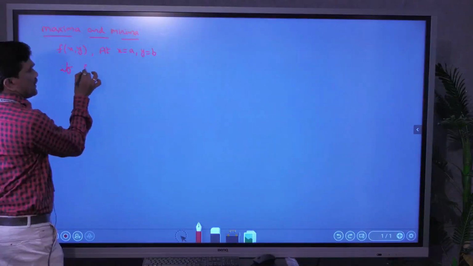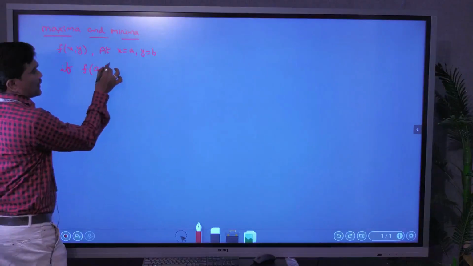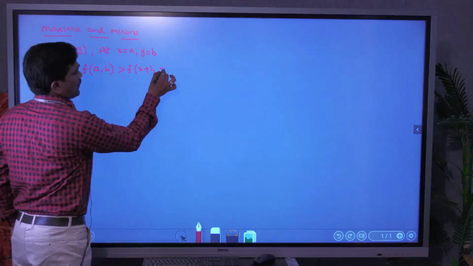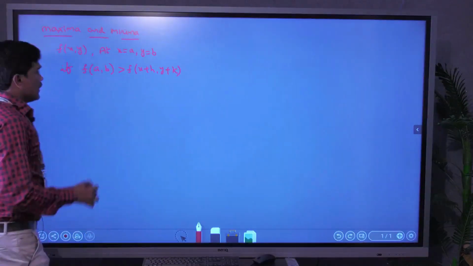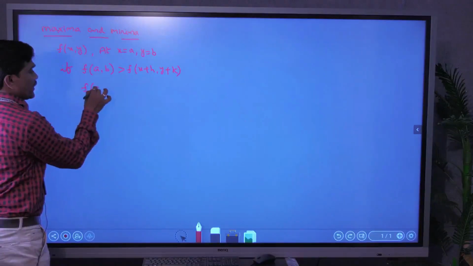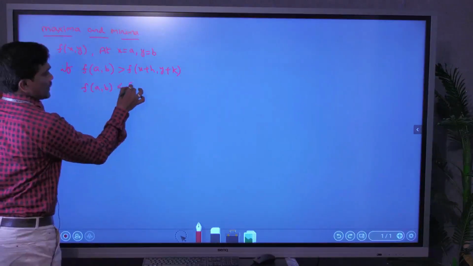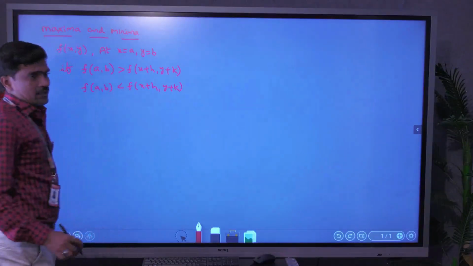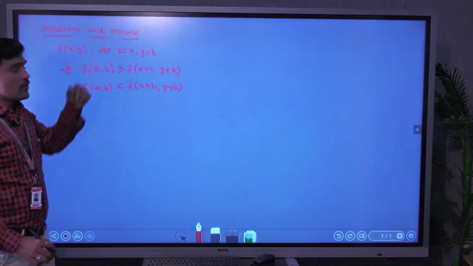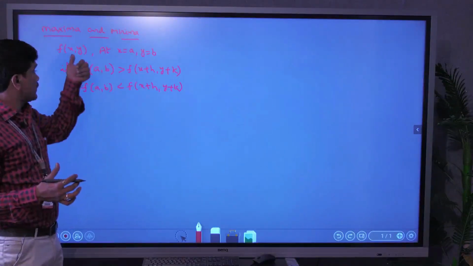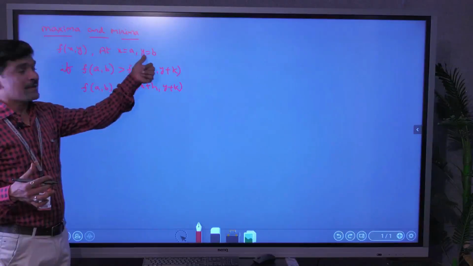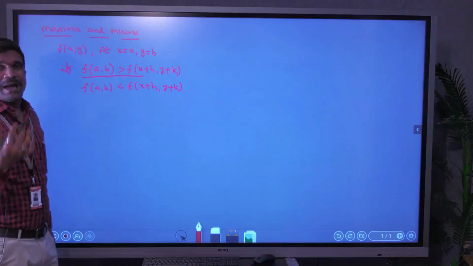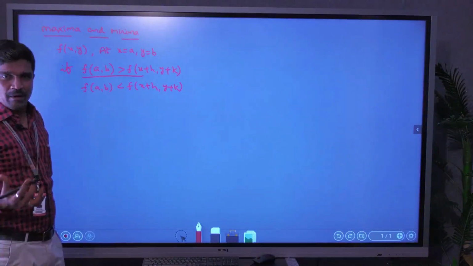So what is the condition here? f(a, b) is greater than f(a + h, b + k), and f(a, b) is less than f(a + h, b + k). If the first condition holds, f is said to be maximum at the point (a, b).